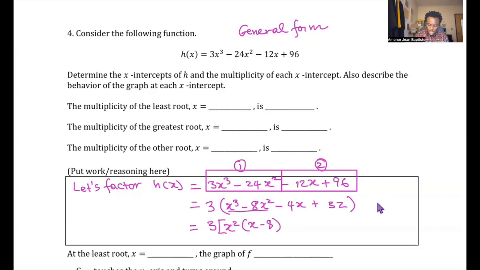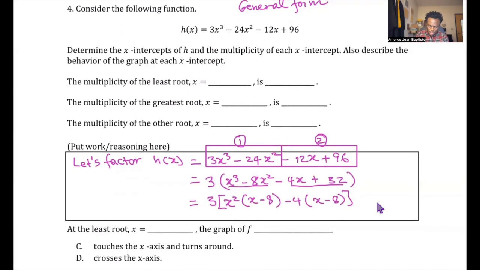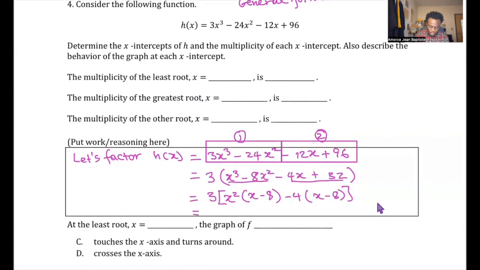And the GCF of my second group, I can factor negative 4 out. So that's x minus 8. And then finally, I can refactor this as 3 times x squared minus 4 times x minus 8.